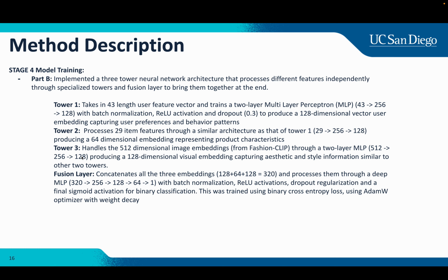Then using all the three embeddings that we get from these three different models, I trained those embeddings on a fusion layer. What this fusion layer does is basically concatenate the embeddings from all these three different models, and now this is our super embedding.